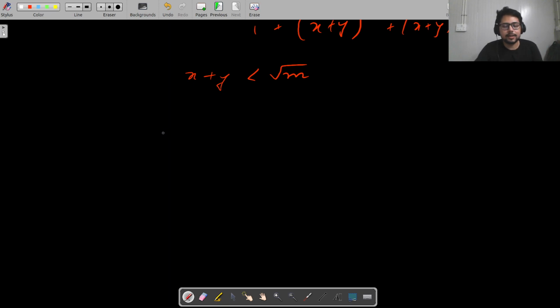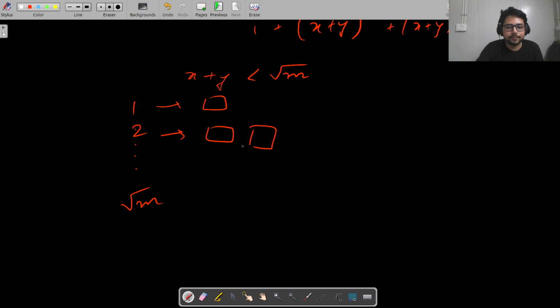So what I'm saying is, I can have an array going from 1 up till root m, and for 1 it will have 1 element, for 2 it will have 2 elements, and so forth. For root m it will have root m indices. There will be other indices also, since we will be considering a 2D array, but they won't be of much use for us.